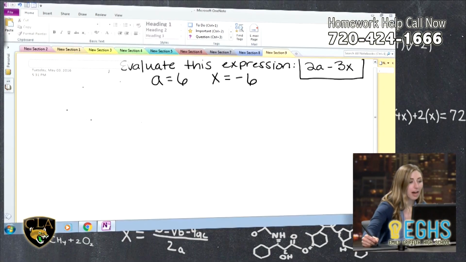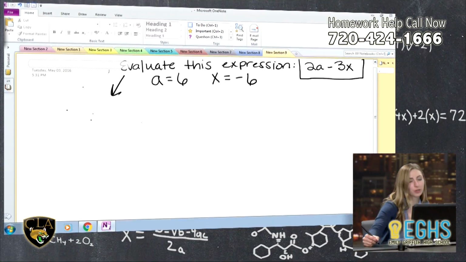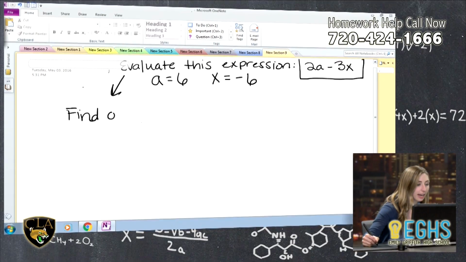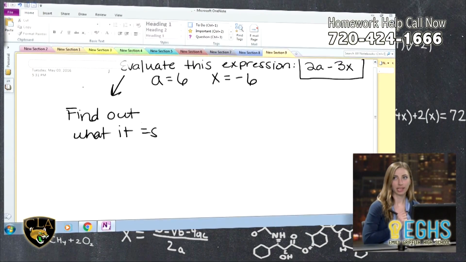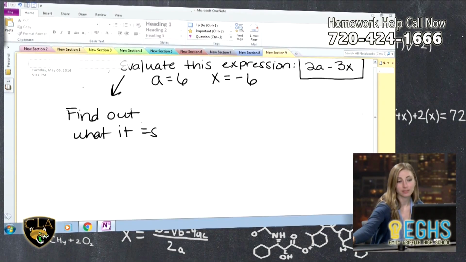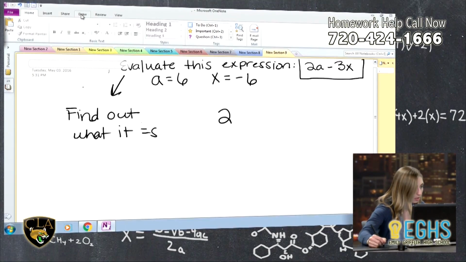So when you're evaluating, this word is a fancy way of saying find out what it equals. Just a fancy way of saying that. So we need to find out what this expression equals when our a is given this value and our x is given this value. So I'm going to write that expression here.